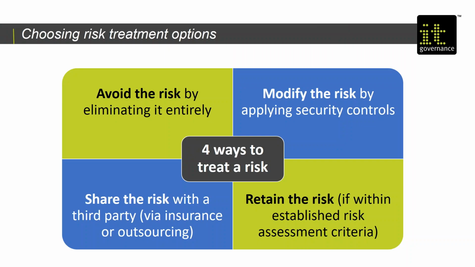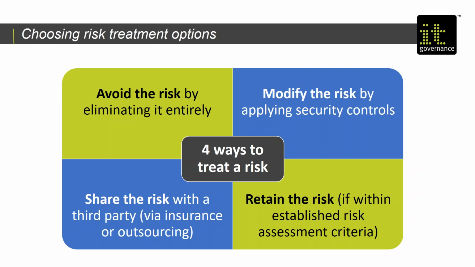Typically, most of us recognize 4 options for treating risks. They are to accept the risk, share the risk, treat the risk, or avoid the risk. In the guidance documents, and borrowing from the British Standard 7799 Part 3, that actually lists 7 options.